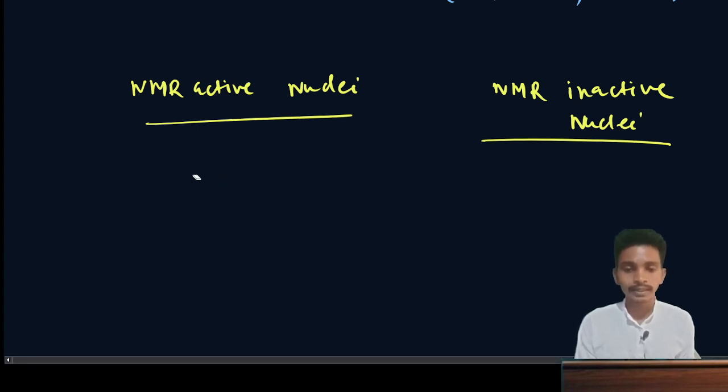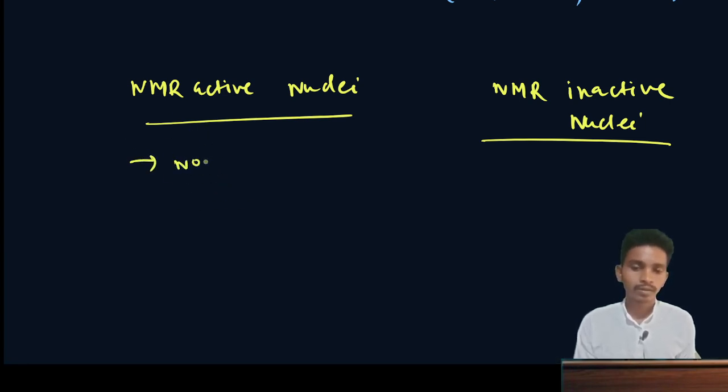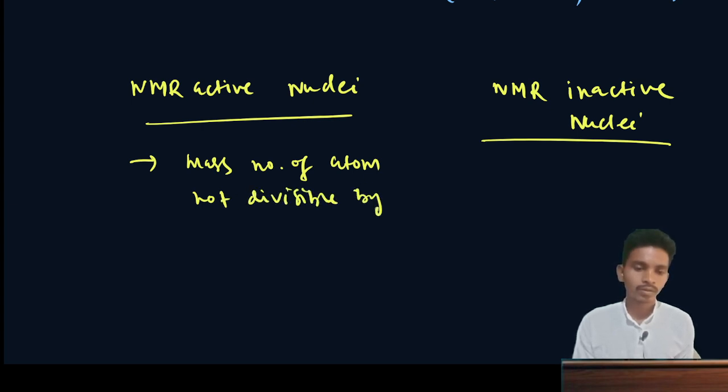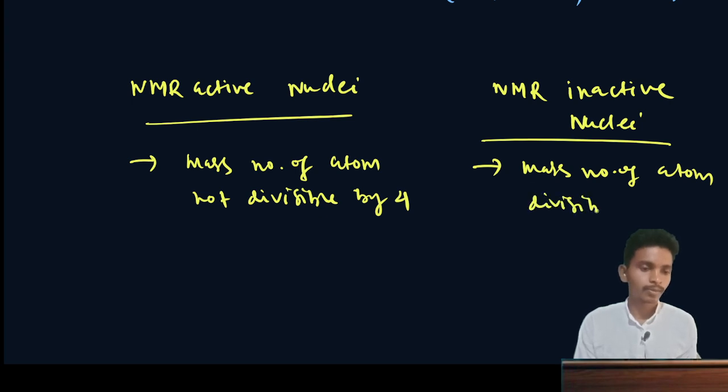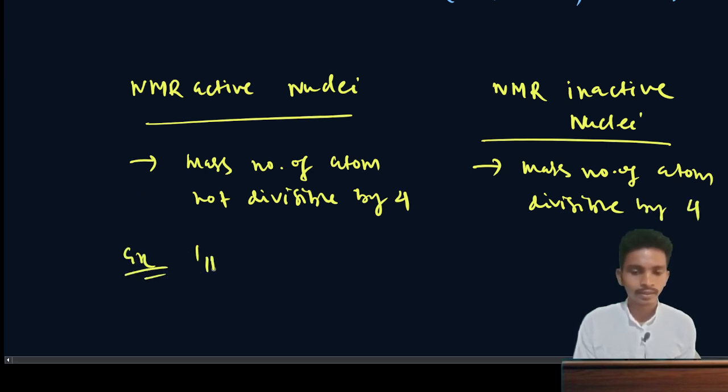So here simply write: active, mass number of atom not divisible by 4. Here inactive, mass number of atom divisible by 4.